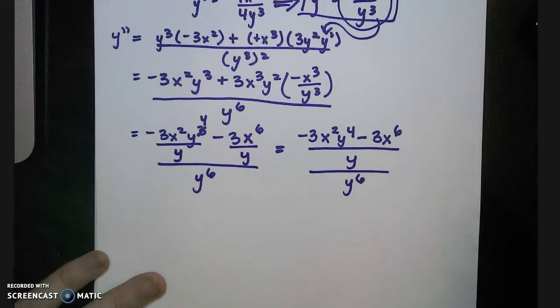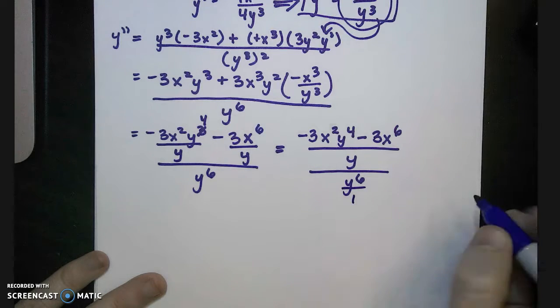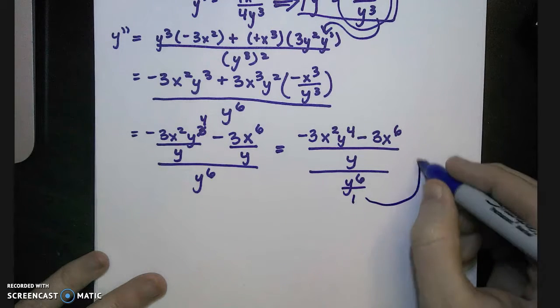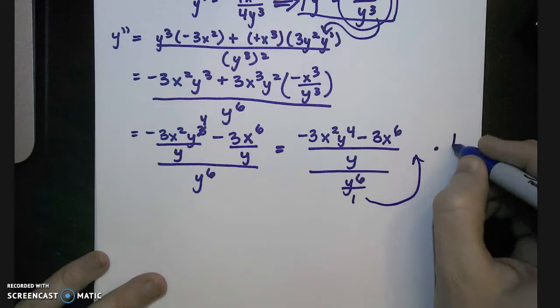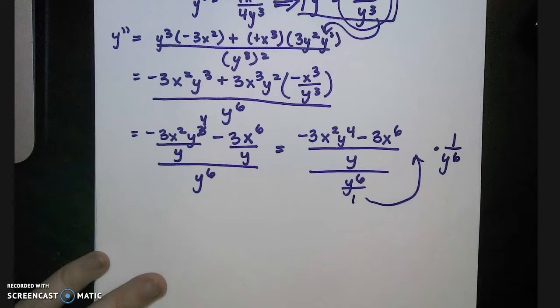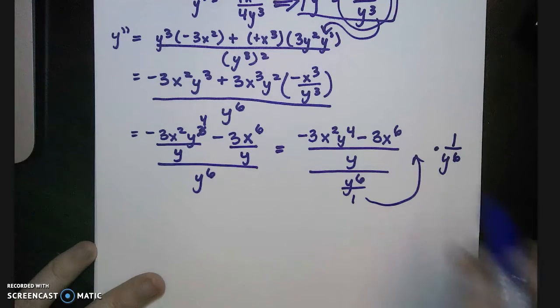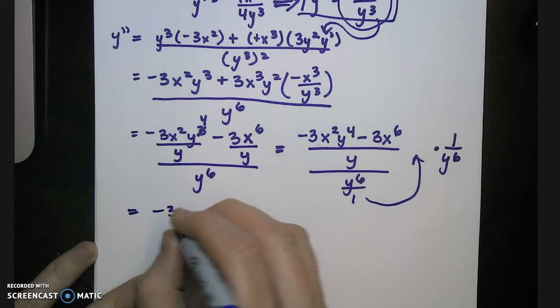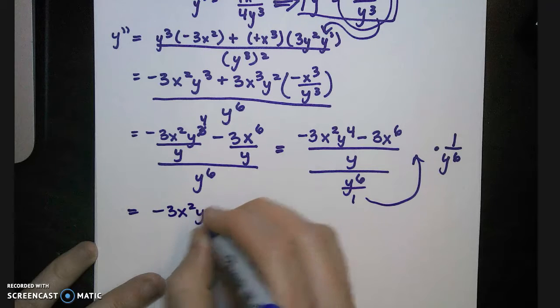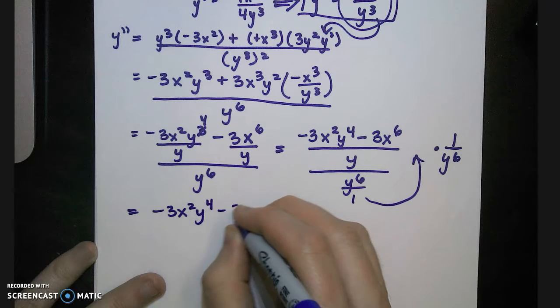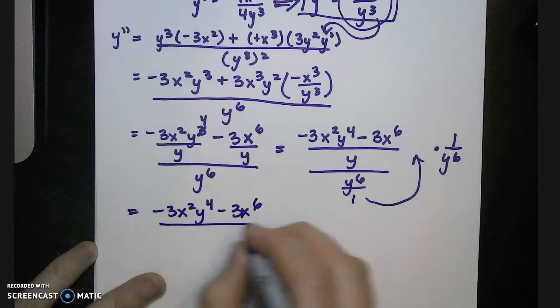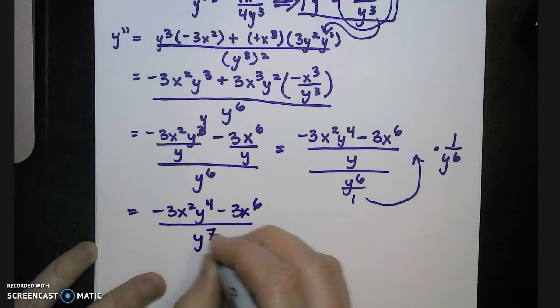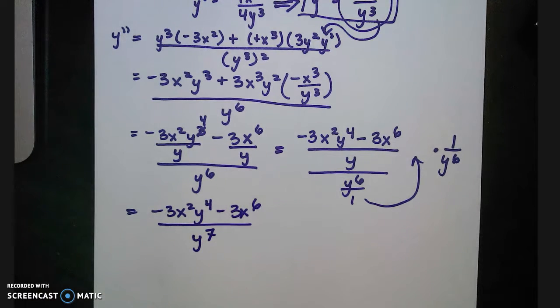From there, I've got a fraction over a fraction, so I'm going to put a 1 on the bottom and multiply by the reciprocal. So I'm going to multiply by 1 over y to the sixth up there. And that's going to give me y to the seventh. So now I've got negative 3x squared y to the fourth minus 3x to the sixth all over y to the seventh. And now that looks pretty simplified. But we actually can go further.